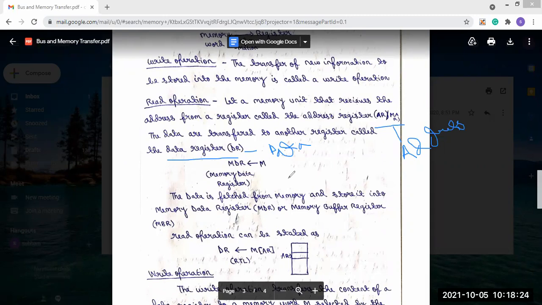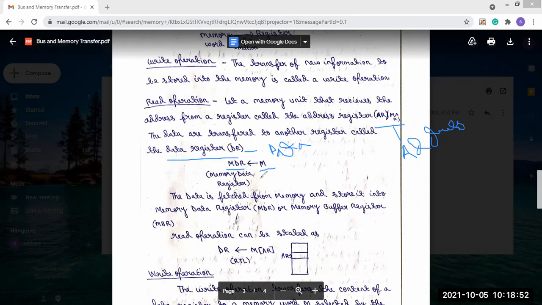From memory, the data that is present in the memory is transferred to the memory data register. And what operation is performed?